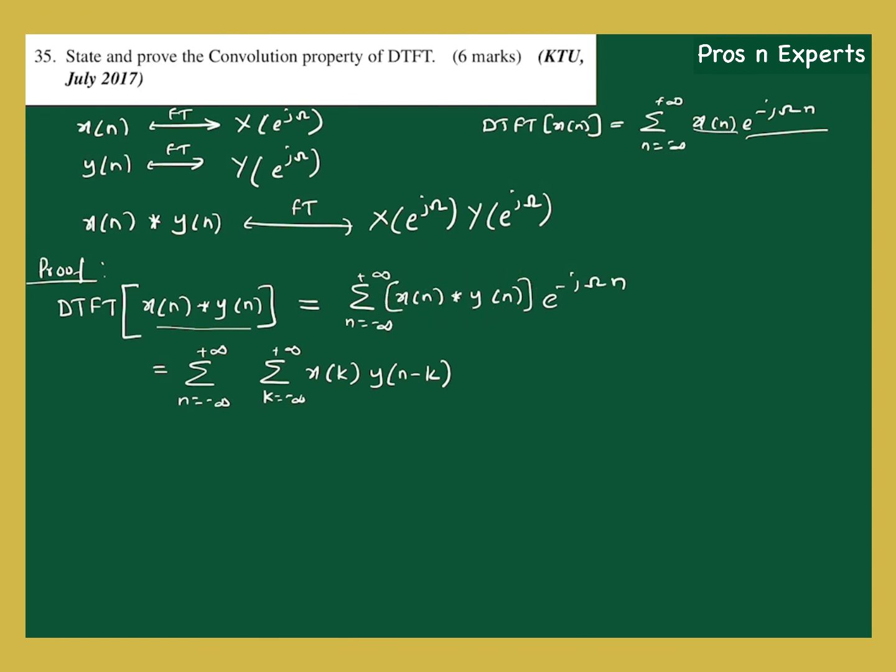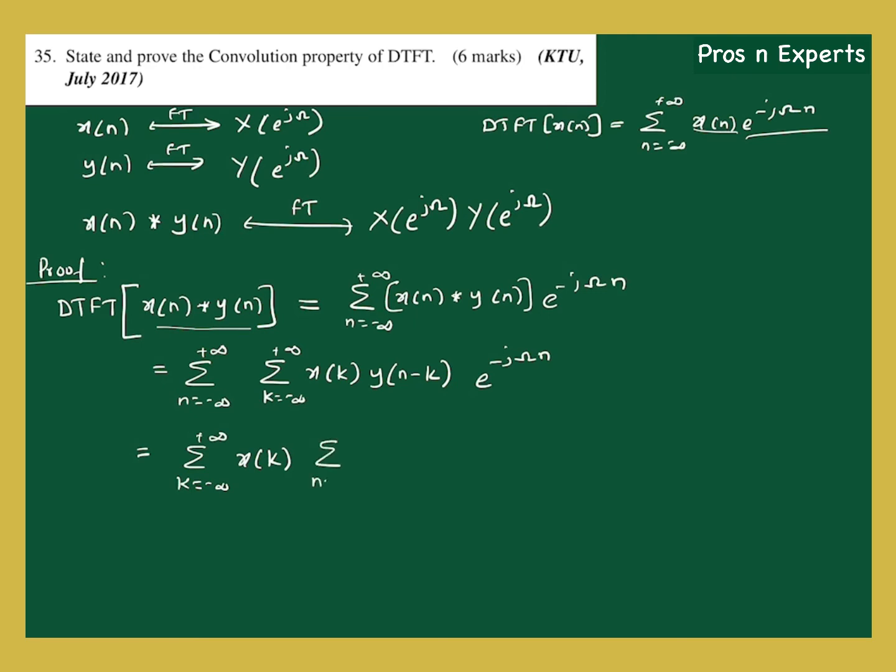Okay, so the rest is e raised to minus j omega n. All right, now let me do some rearrangements. I can write sigma over k equal to minus infinity to plus infinity first, then put x of k, and since this sigma is on the dummy variable n, and this signal and e raised to minus j omega n depend on n, I can group them together.